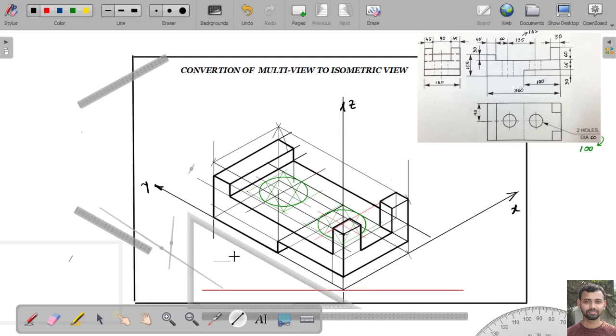Okay. Now, so this point to this point, what is the distance?